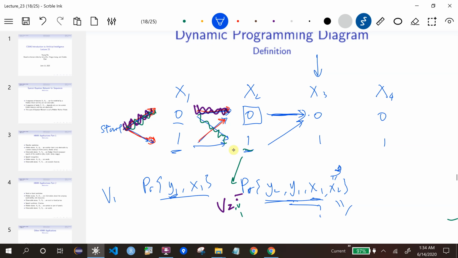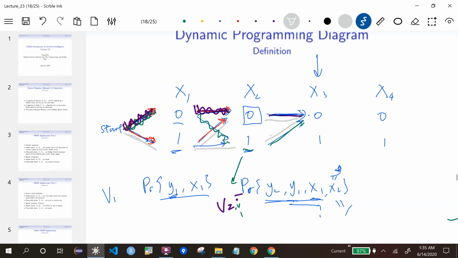So in particular, we only need to compare whether we want to go the purple path 0, 0, 0 or the green path 0, 1, 0. So we only need to compare these two. And one important thing is we don't need to compare it with 1, 0, 0 or 1, 1, 0.